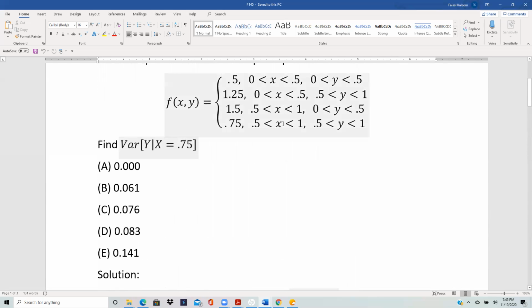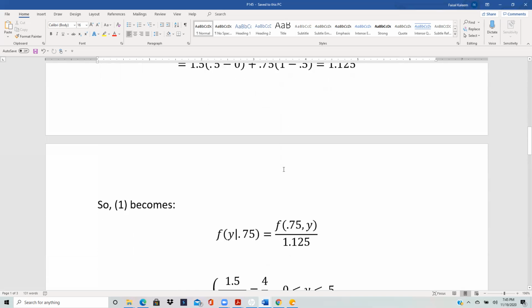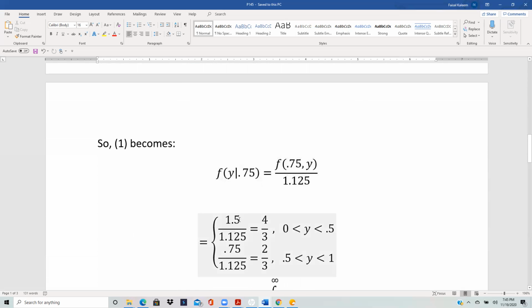We're always looking at the bottom two. When y is between 0.5 and 1, it's 0.75. So 1.5 and 0.75, depending on where y is.